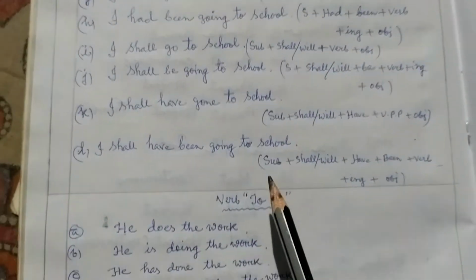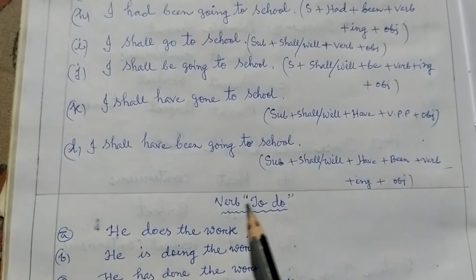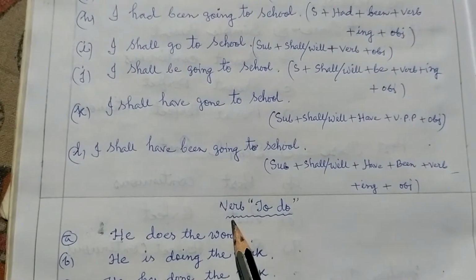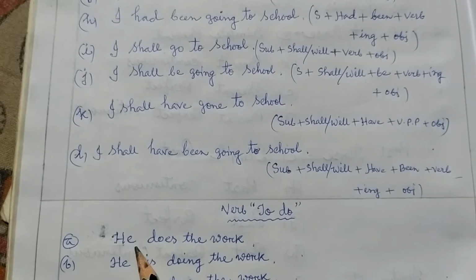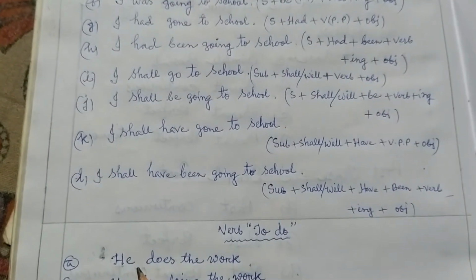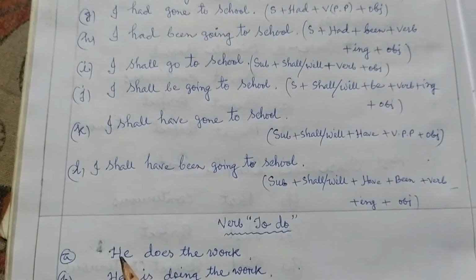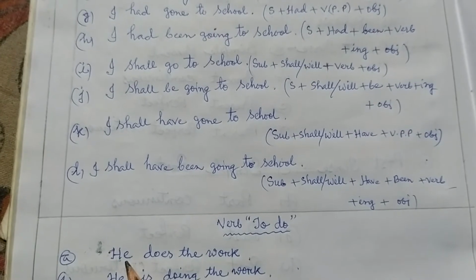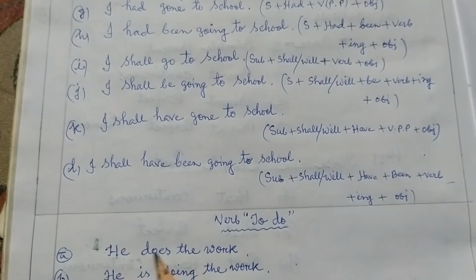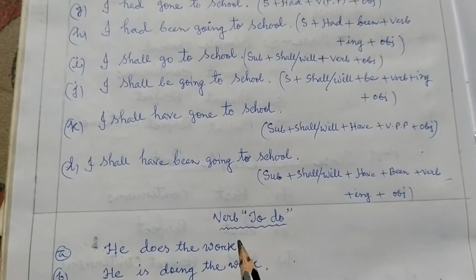Now students, another verb, do, is given with another subject. First subject was I. This time I have given subject he. In the first sentence, he does the work.